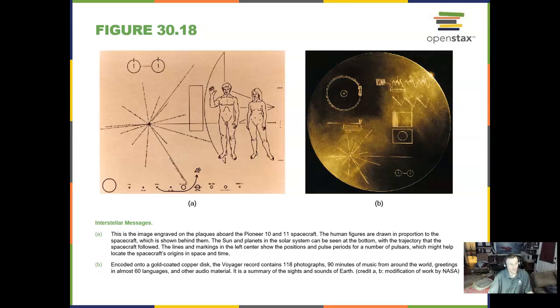On those Voyager spacecraft, we sent these gold records that contain basically human history, music, and pictures and greetings to whoever may find them in hundreds of languages.